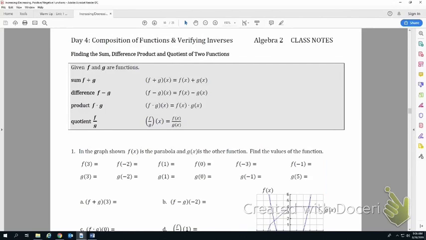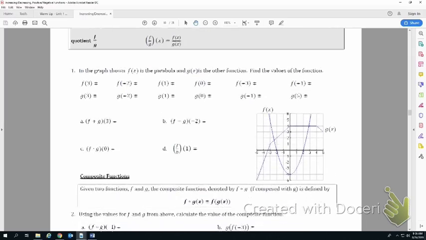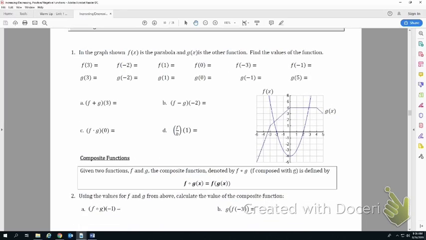So let's go ahead and come down here and look at this. Now, it's a little bit different than what we talked about on that first day, because we're getting all these values off this graph. So kind of follow me here.